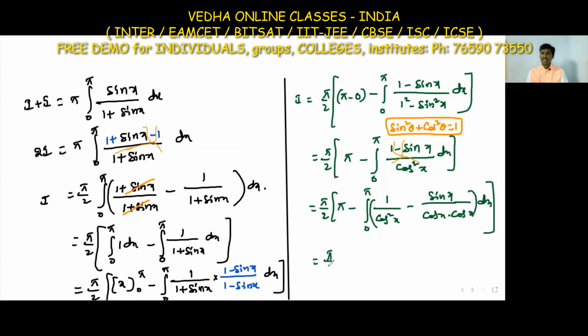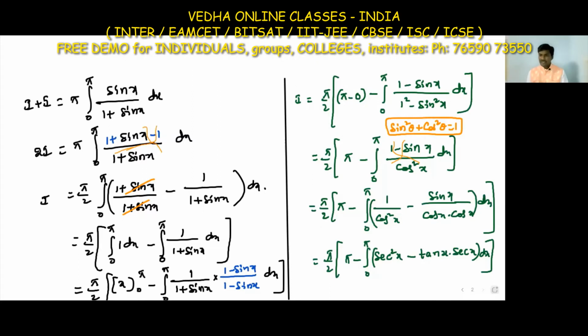Now pi by 2 outside as it is, and pi minus the integral from 0 to pi of 1 by cos square, which is secant square x, minus sin by cos, which is tan, and 1 by cos, which is secant x, for this whole we have dx.